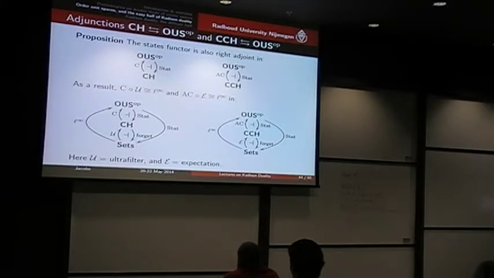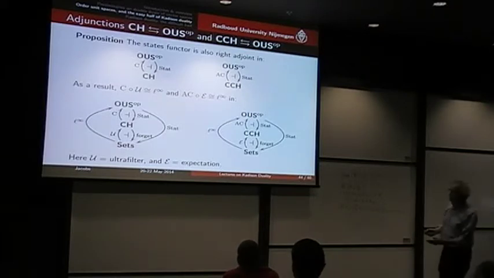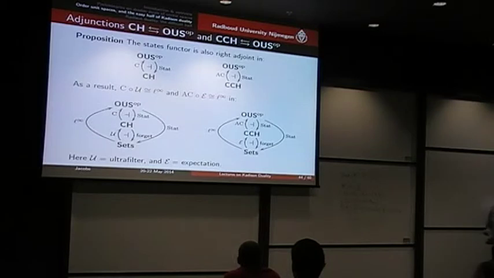So sets and compact Hausdorff spaces, the forgetful functor has ultrafilters as left adjoint, and from compact Hausdorff spaces you can go to order unit spaces by taking continuous functions. So this one must be then equal to this composition, or naturally isomorphic. So again, that's a reasonably smooth way of relating some very basic functors in this area.